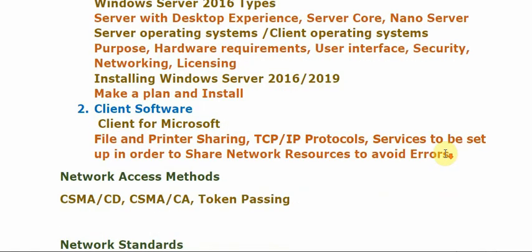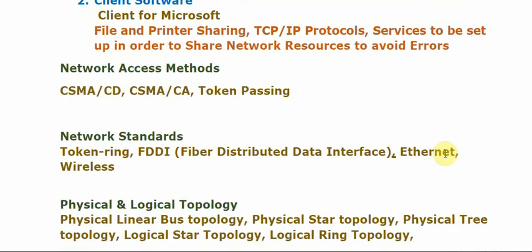Then we have to have a very good understanding of these terms: network access method. Even after completing HND and UG in networking, students have difficulty understanding this access method. They have no clear picture about it.